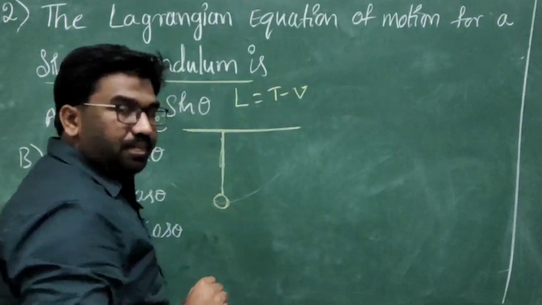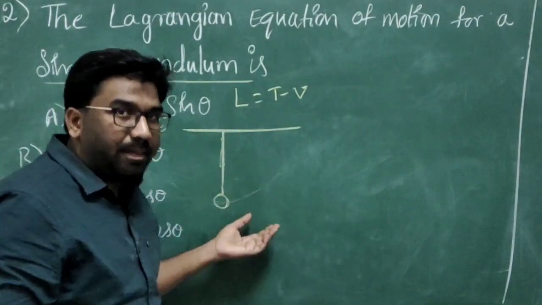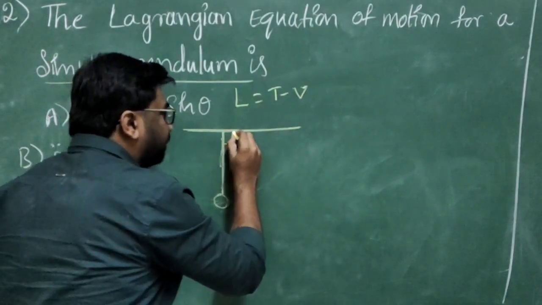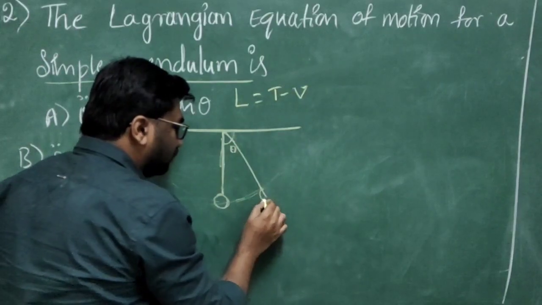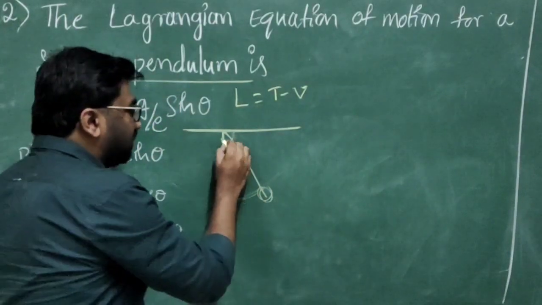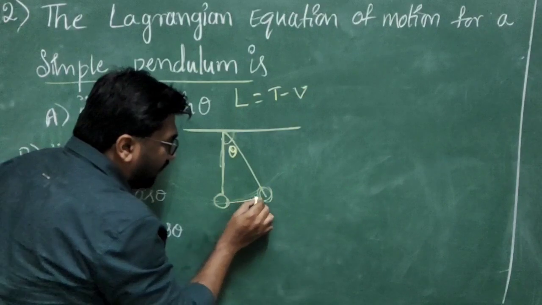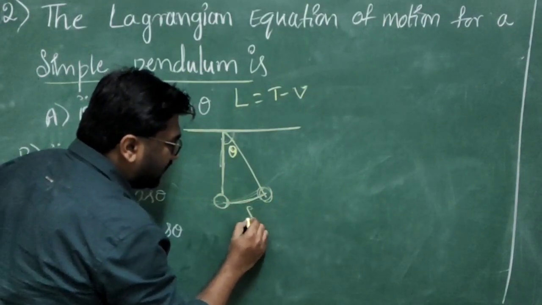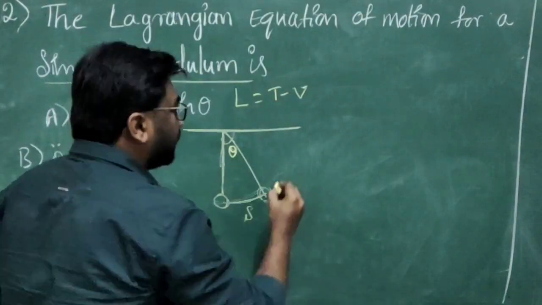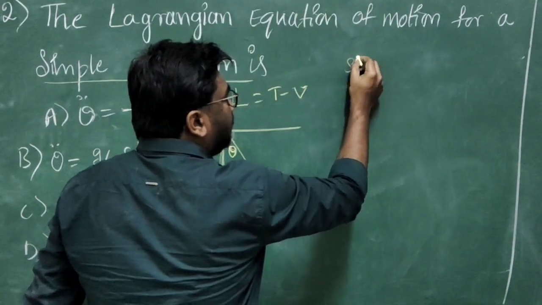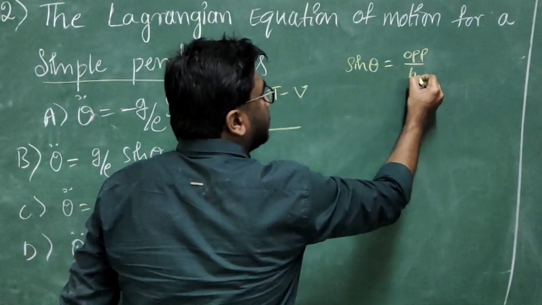When the bob is connected, let us consider the angular displacement of the bob of the simple pendulum to be theta. That means it has some angular displacement theta. The arc of this is S, where theta is very small. From the trigonometric relation we know that sin theta is equal to opposite by hypotenuse.